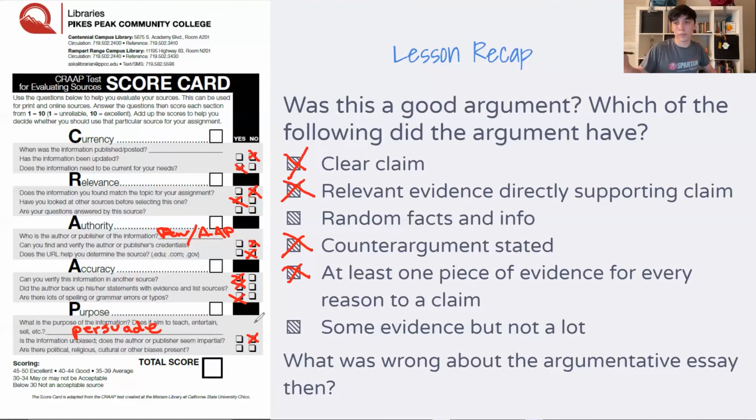It's just that they use that evidence to get to their conclusion or their claim or make their thesis. Are there political, religious, cultural, or other biases present? No, it doesn't really say why they think that other than they're using that research. So no.